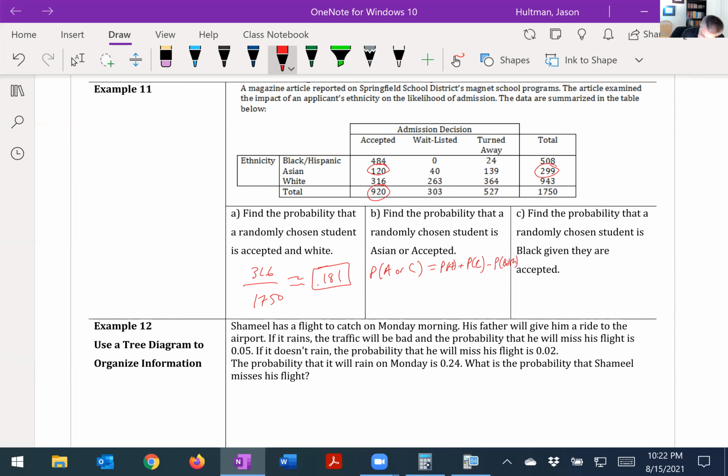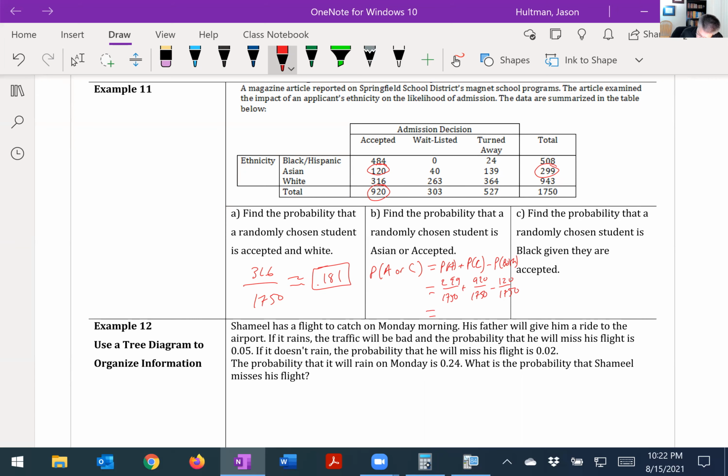So this is going to be the probability of being Asian, 299 out of 1750. The probability of being accepted is 920 out of 1750. And the probability of being Asian and accepted is 120 out of 1750.